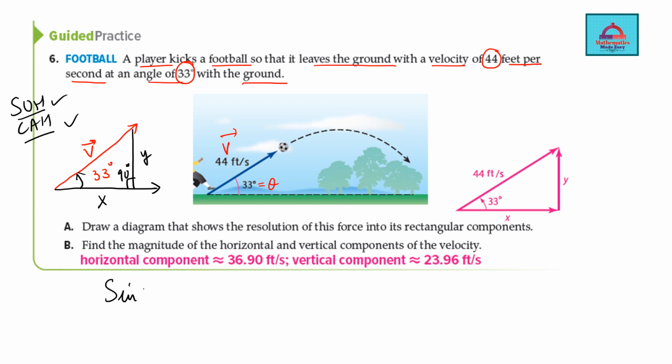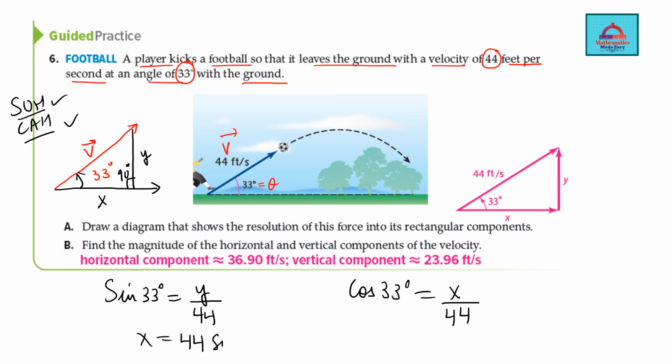So sine of 33 would be opposite, which is y over hypotenuse, which is 44, and similarly cos of 33 would be the horizontal component, adjacent over hypotenuse 44. So when you have to find your x and y, you are going to just multiply this with the angle values.